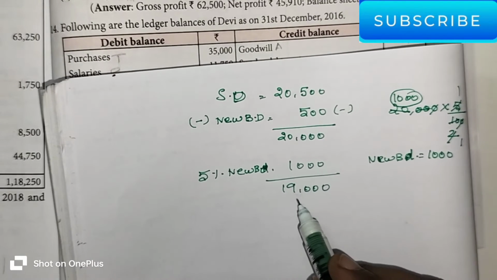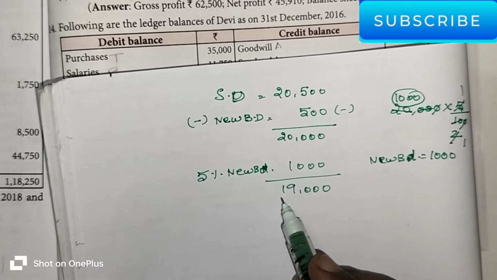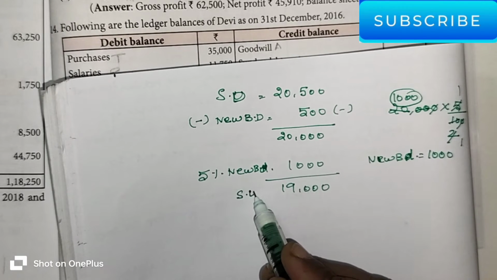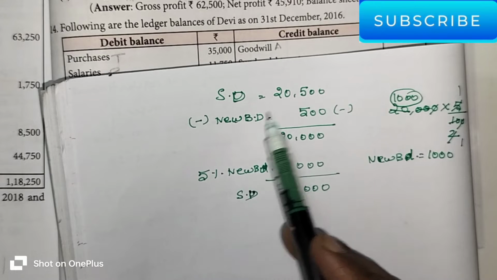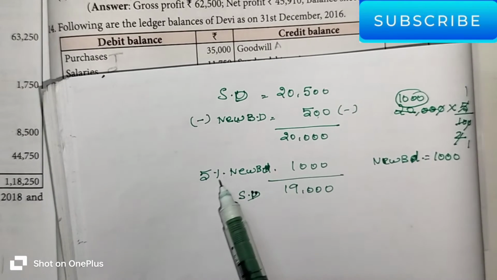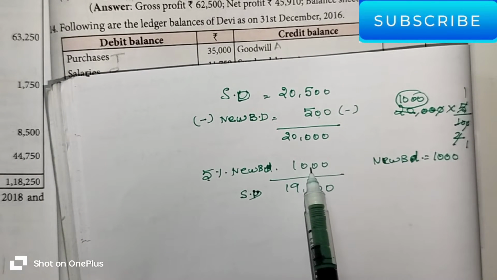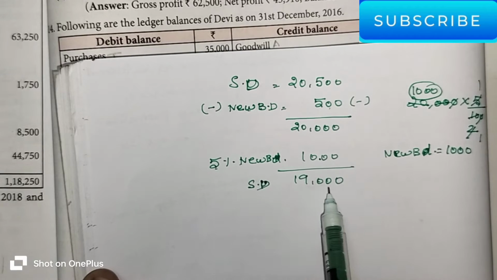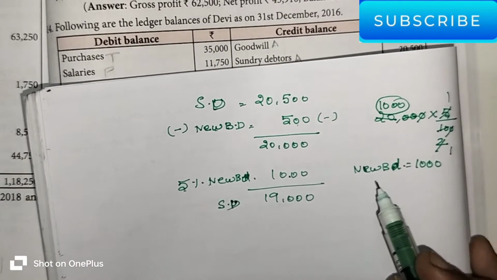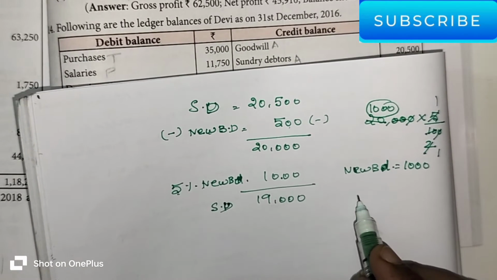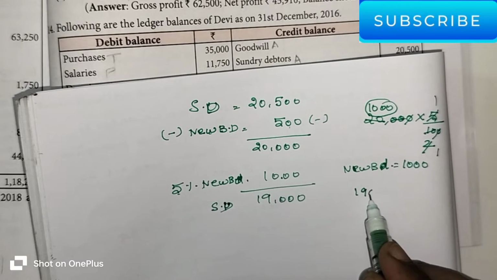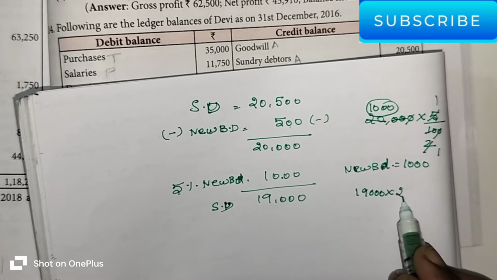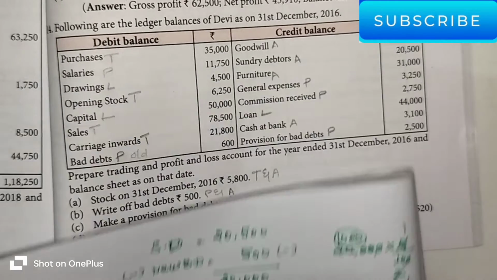This is the sundry debtors after subtracting new bad debts of 500 and the new provision of 1,000. From this amount only we find the 2% discount on debtors.